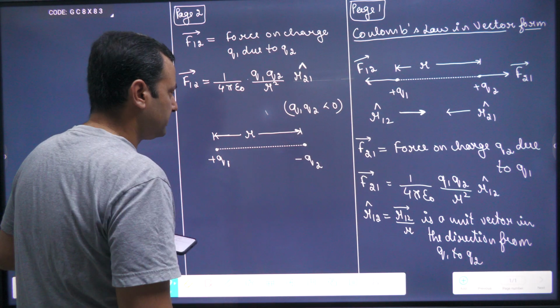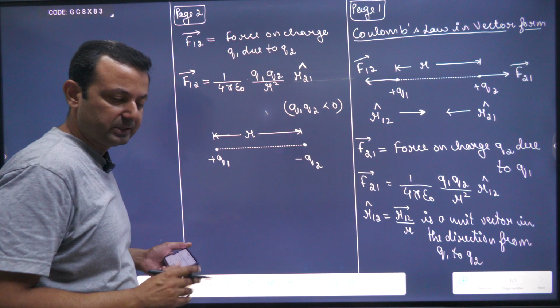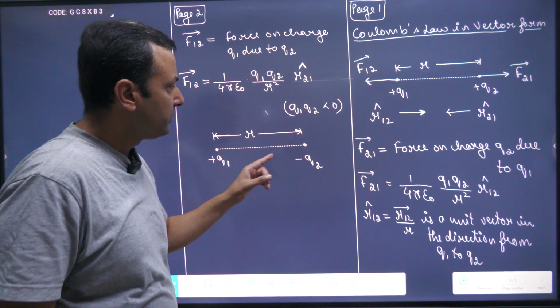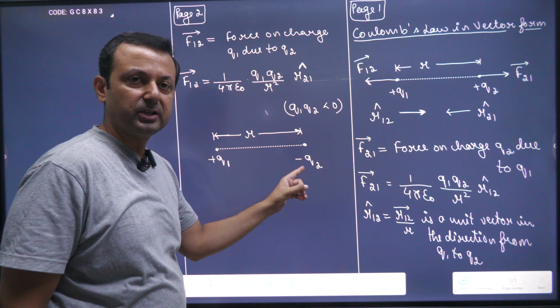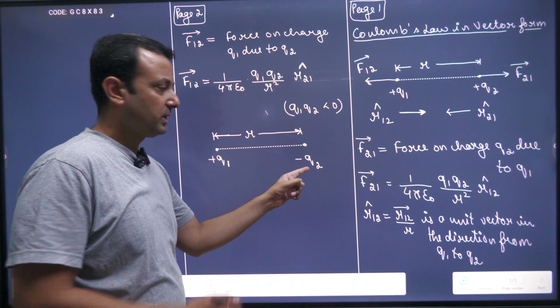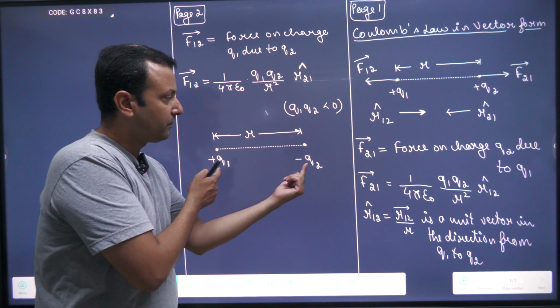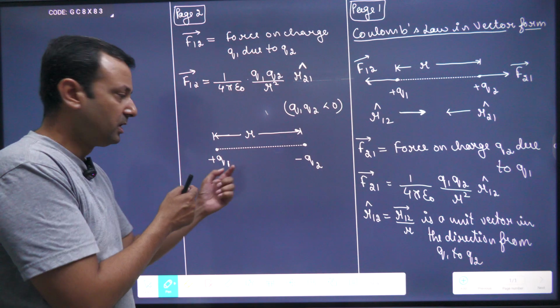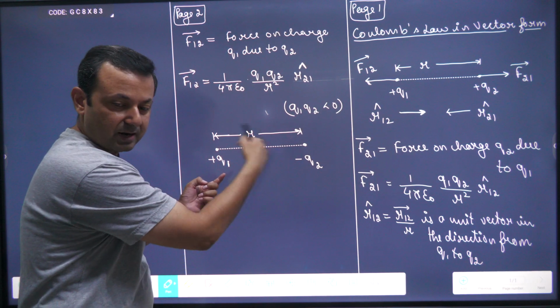Now we will check the directions of the forces. First of all, we will check the force experienced by charge 2 due to charge 1. This is a negative charge and this is a positive charge. It will experience that it is getting attracted towards this, because this is positive. Positive attracts negative.